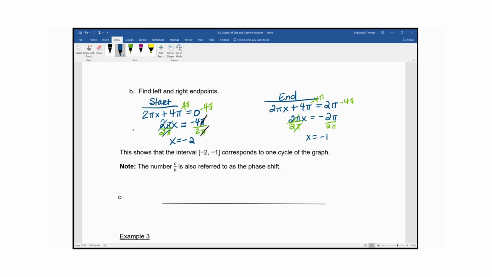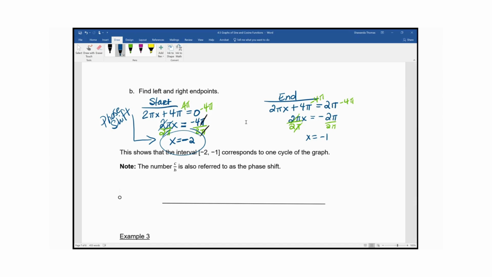What did I say this is also known as? Phase shift. All right. And it says this shows that the interval from -2 to -1 corresponds to one cycle of the graph.